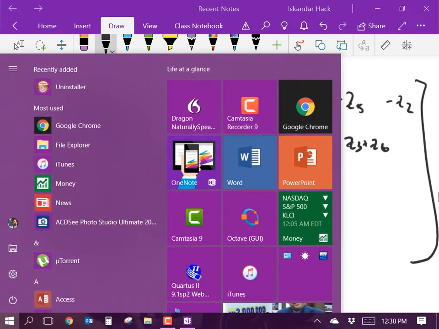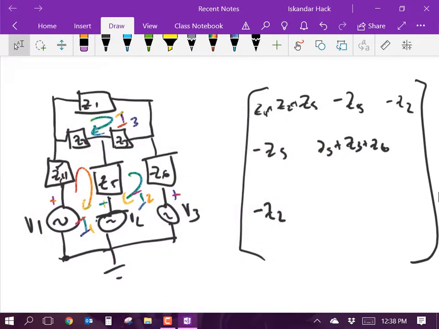Between loops 2 and 3, I've got 1 impedance, Z3, the only one shared between those 2 loops. So I would write minus Z3, and again minus Z3. And then in loop 3, I've got Z1 plus Z2 plus Z3. So there's my Z matrix.